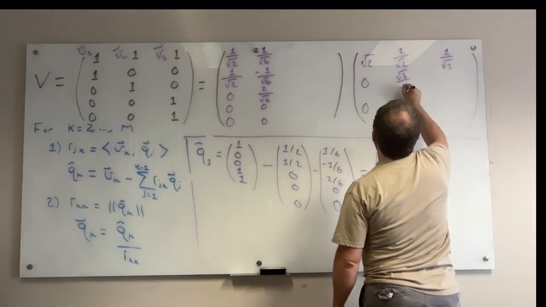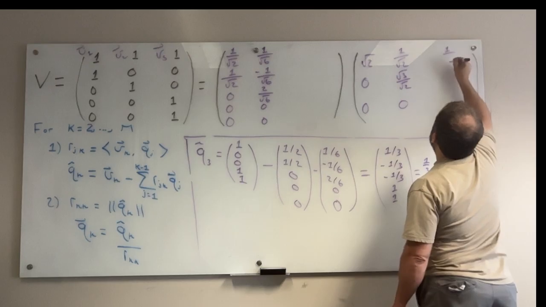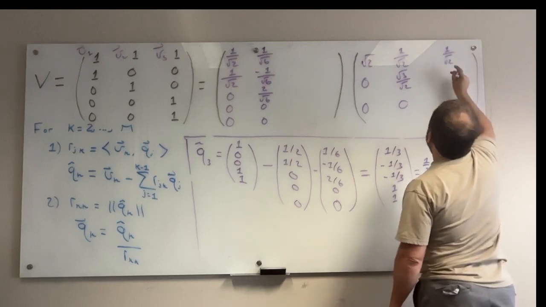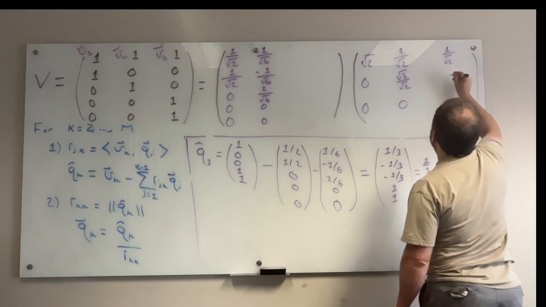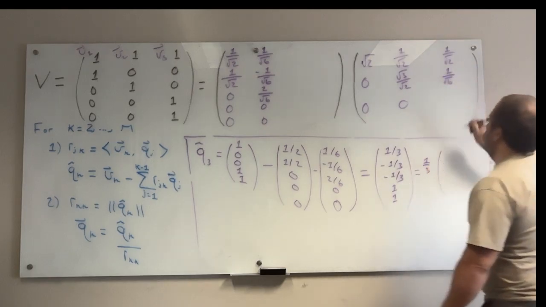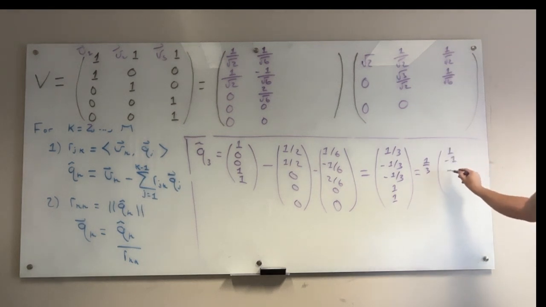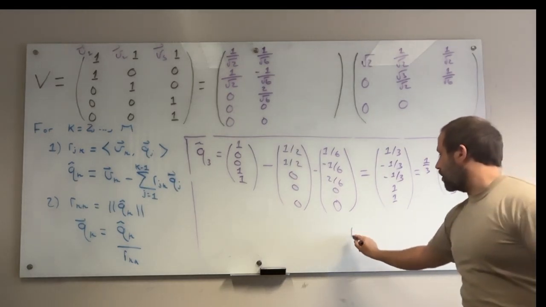The square root of 3 over the square root of 2. 1 over the square root of 2, and then R23 was equal to 1 over the square root of 6. Okay, so I'm going to have a 1, a minus 1, a minus 1, and then a 3 if I factor out a third.